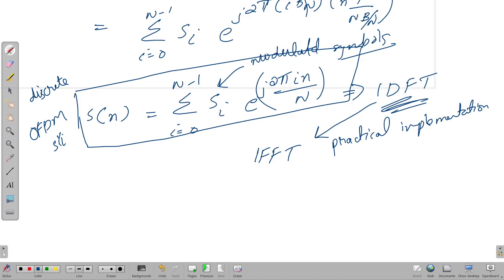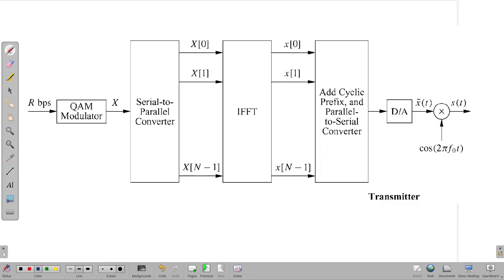Let me take the block diagram of OFDM. This is the block diagram of the OFDM transmitter. You have modulated symbols, serial data converted into parallel, x0, x1 up to xn minus 1. All these are your parallel data, all these are modulated symbols.